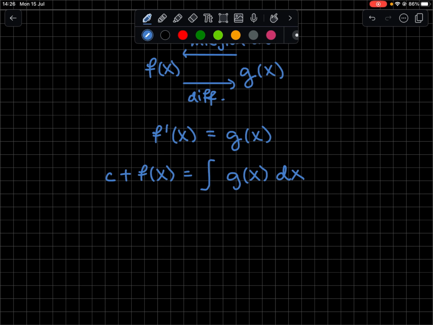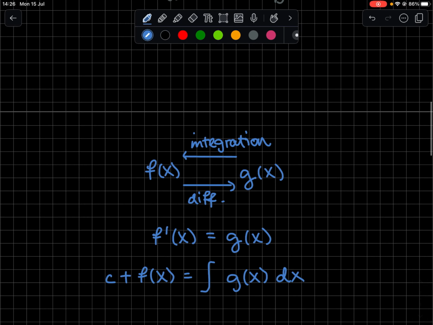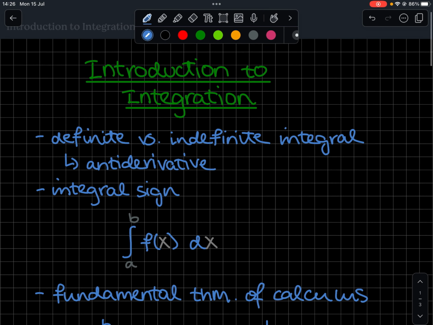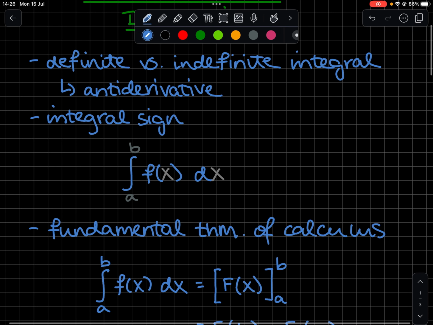Now let's talk about definite integrals. Definite integrals have these boundaries over here. We call them integration boundaries or integration limits, a and b, and usually these are either numbers or parameters, okay? But let's say they're numbers.